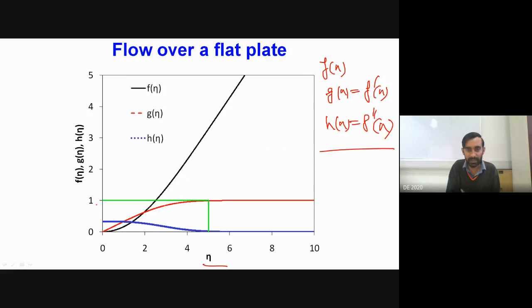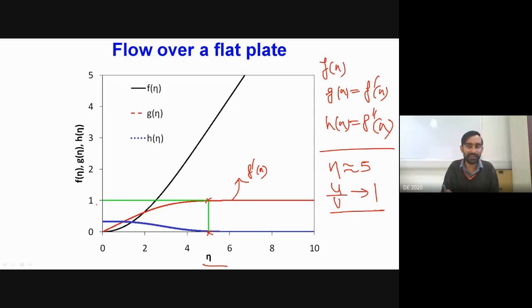So this is my f dash eta. f dash eta becomes equal to 1 close to the value of eta equal to 5. So when eta is nearly equal to 5, we find that my u by capital U is approaching 1.